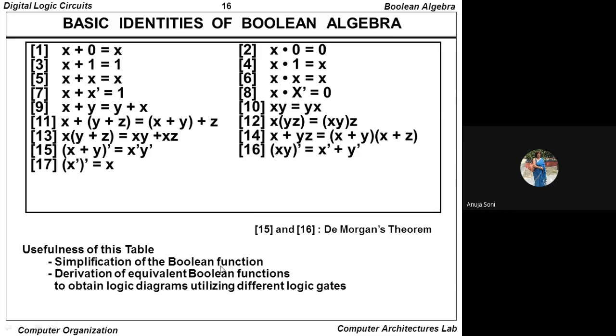Why is there a need to simplify? Because once we simplify a Boolean expression, correspondingly we simplify its logic circuit diagram. Simplification means we reduce the number of logic gates employed to frame that logic circuit integrated chip, and fewer logic gates lead to less cost.